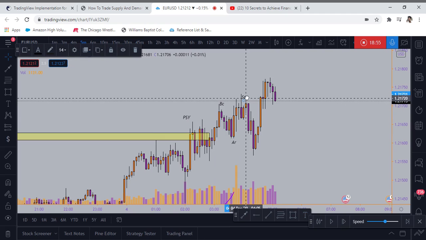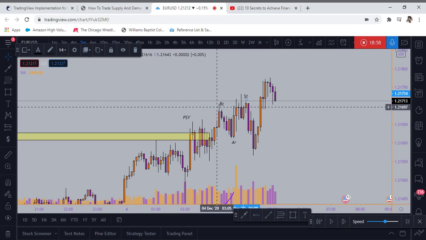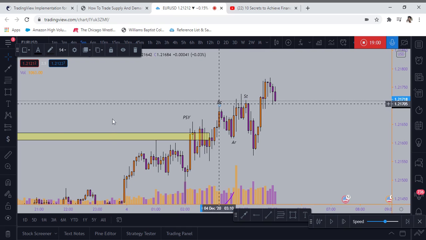Once you practice Wyckoff back to back, you'll start to see the schematics more like this.